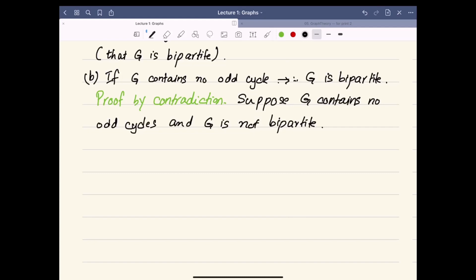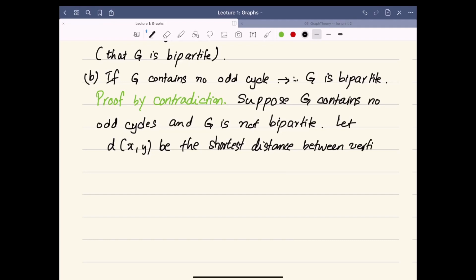Let d(x, y) be the shortest distance between vertex x and vertex y.